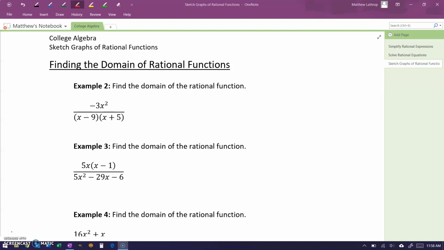To find the domain, we essentially need to find any restricted values, which means any points where the denominator would be equal to 0. Or more precisely, we can't have the denominator equal to 0.